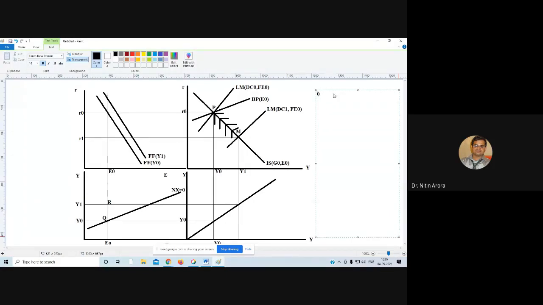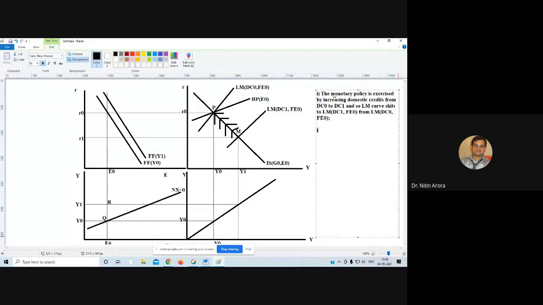Number one, monetary policy is exercised by increasing domestic credits from DC naught to DC1, and so the LM curve shifts to LM DC1 FE naught. FE naught are the foreign exchange assets which are already given to us, from LM DC naught FE naught, right?